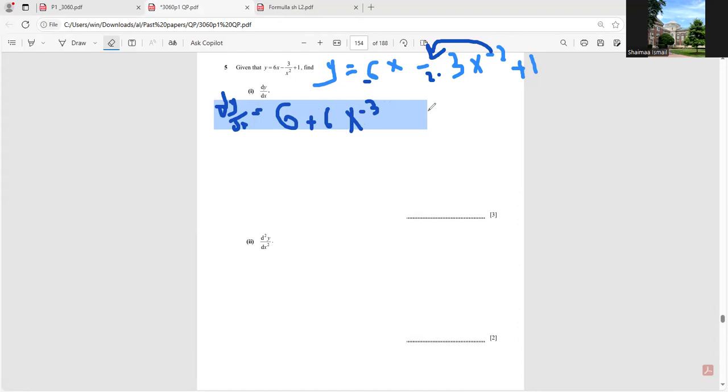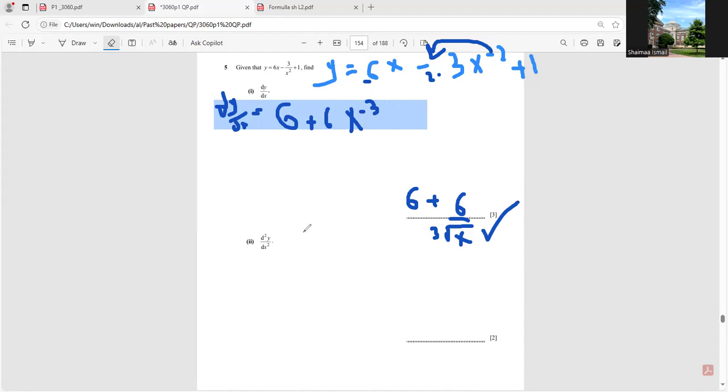And that's all. So the final answer would be 6 plus 6 over the cube of x. Write it like this or like this. We did it.